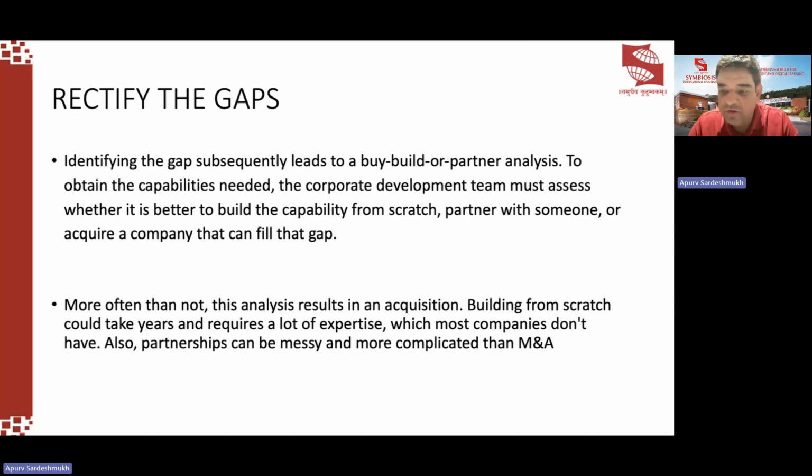If you have the capacity and the investment, it's always better to acquire. And you see so many acquisitions for this reason. People want to get into the market straight away. You acquire a company that's already in the business. You have the market, the customers, the manufacturing setup, and the expertise. You acquire the company and move into the market straight away. And hence, that is one of the reasons acquisitions take place.